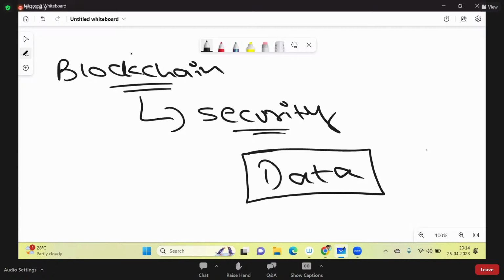So the blocks are going to store data within them. You can store whatever data you want, either your crypto transactions, like if you are transferring some amount of bitcoins or ethers, or it may be a patient record or your education certificate. It may be any type of data which you can take and add within your block. The very first thing is your data, which is present inside a block.